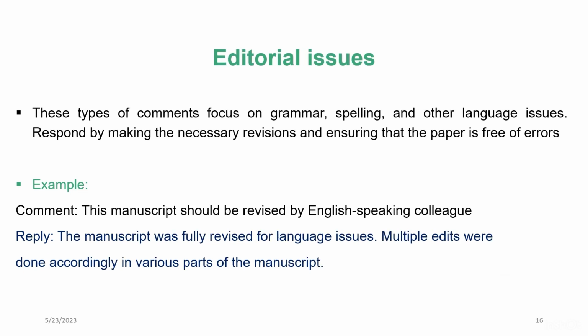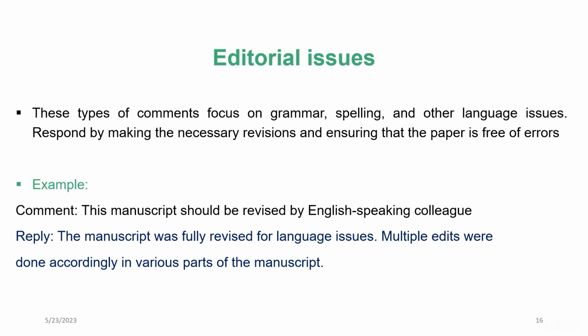Editorial issues usually concern grammar, spelling, and other language issues. One tip to avoid those types of editorial issues is to stick to the author guidelines. For each journal, there is an author guide which shows what type of reference style to use and the type of English language to use, whether American or British English.